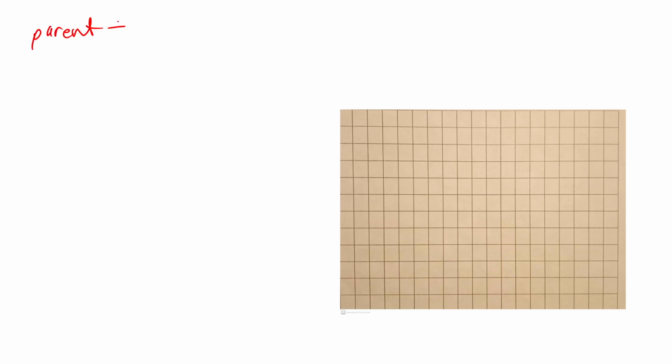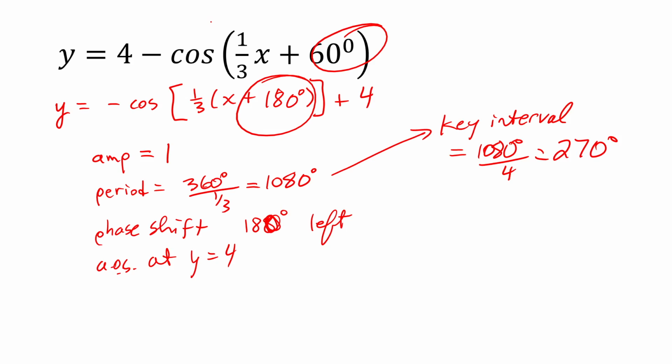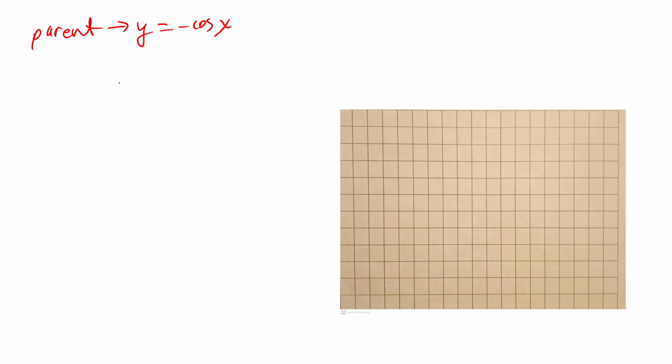We know our parent function will be y = negative cos x. If you're not sure why, it's because there's a negative coefficient in front of cos in the question. And our period is 1080 degrees. Our amplitude is 1.